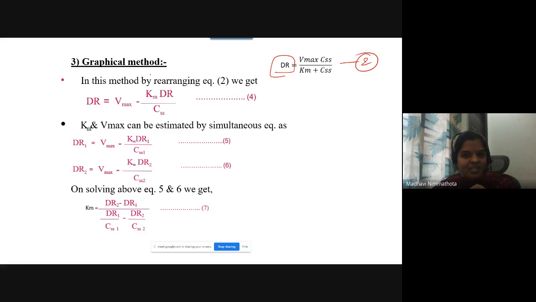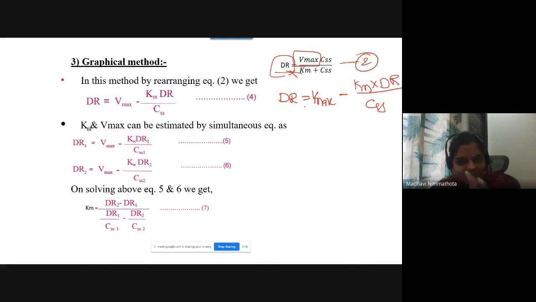So in the graphical method, you can rearrange equation 2. How will you rearrange this? You take out this Vmax, then it gives you minus Km multiplied by DR divided by CSS.